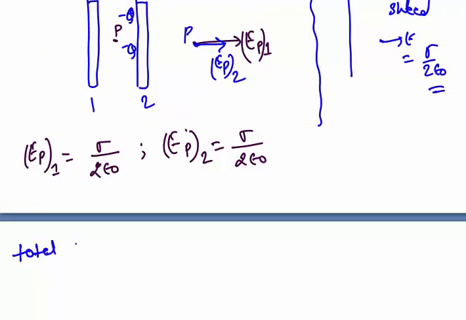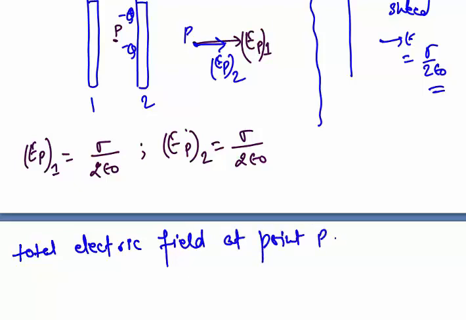So the total electric field at point P is sigma by 2 epsilon plus sigma by 2 epsilon, that is sigma by epsilon.